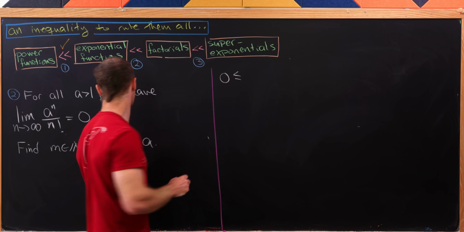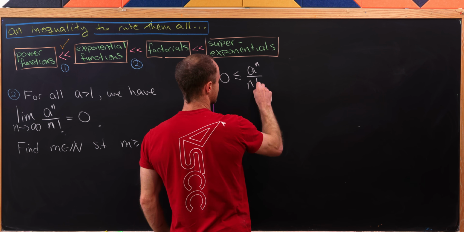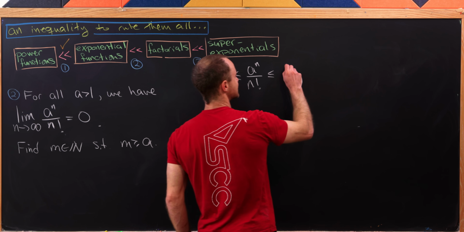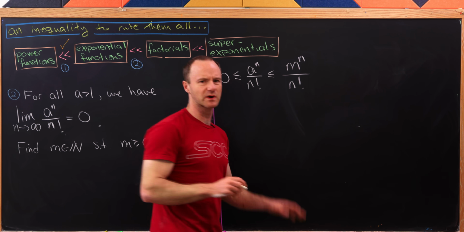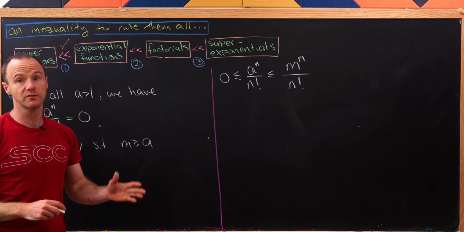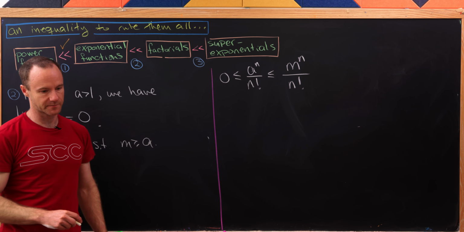So we have 0 is less than or equal to a to the n over n factorial. But now that in turn will be less than or equal to m to the n over n factorial. So we're kind of doing a similar trick to before. Here we change the numerator to make it larger by our choice of m right here.